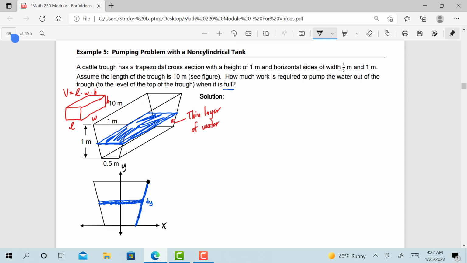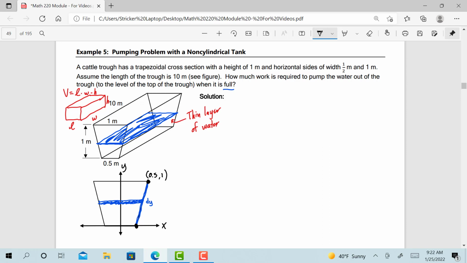To find the equation of a line, we need 2 points basically, and so we have 2 points that are easy to define. We have a point up here at the top, and we know it's 1 meter across at the top, which means since the y-axis goes right down the middle, you're going to have a half a meter on each side. So this is going to have an x-coordinate of a half, or 0.5, and then the height of the trough is 1 meter, so the y-coordinate is going to be 1.